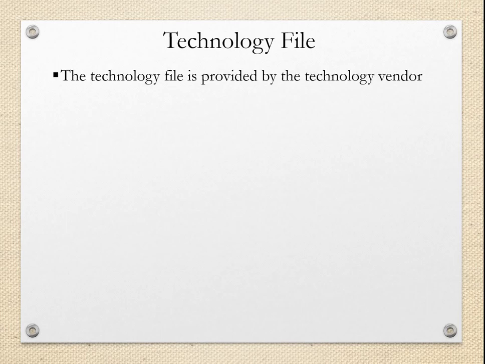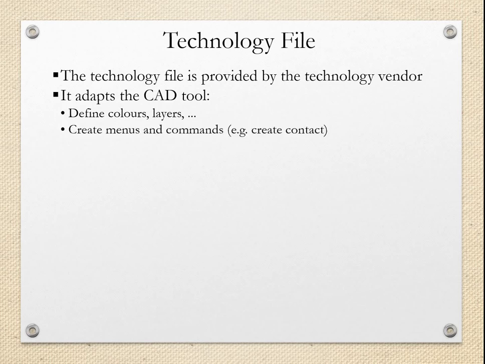The technology file is provided by the technology vendor, and it adapts the CAD tool. It defines the colors, layers, etc. Create the menu and commands, like create the contact.